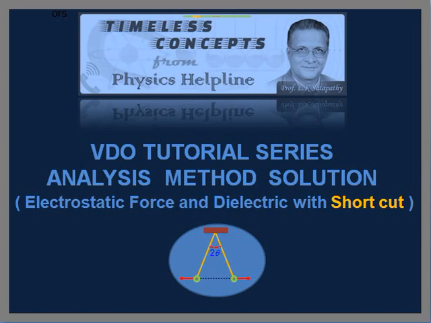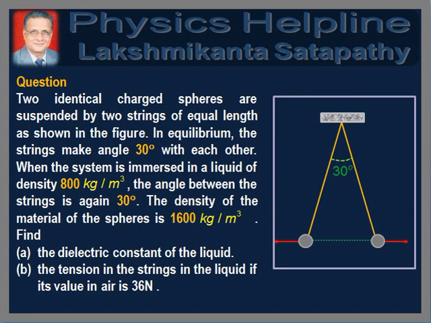The question is as follows. Two identical charged spheres are suspended by two strings of equal lengths as shown in the figure. In equilibrium, the strings make angle 30 degrees with each other. When the system is immersed in a liquid of density 800 kg per meter cube, the angle between the strings is again 30 degrees.